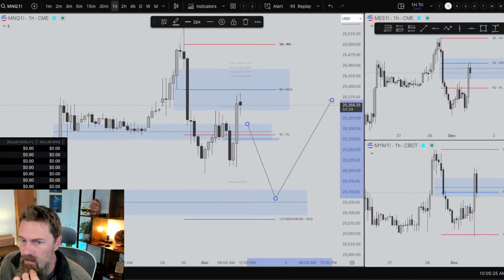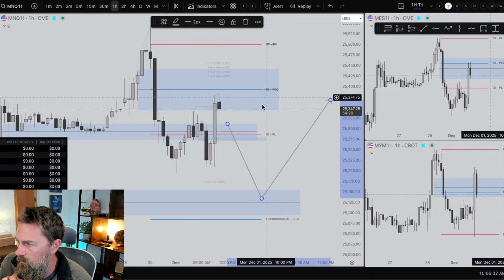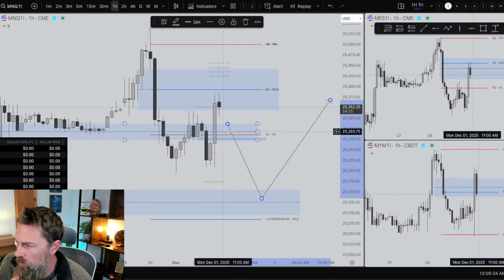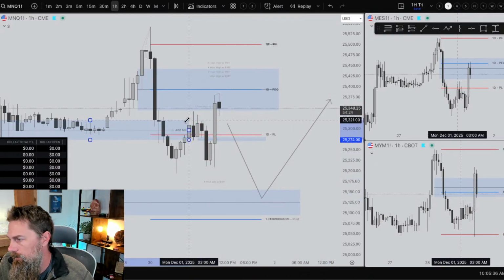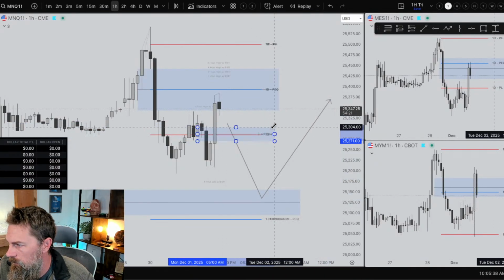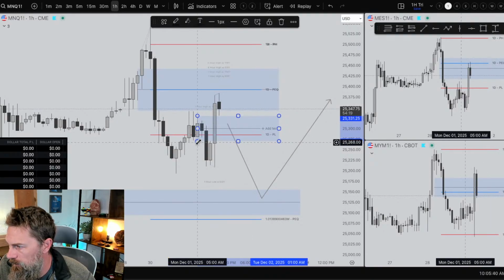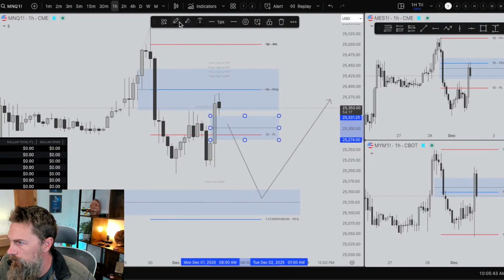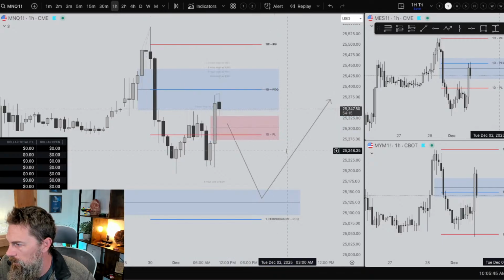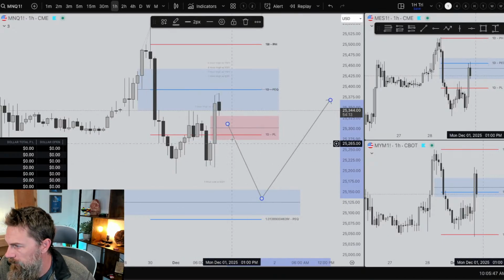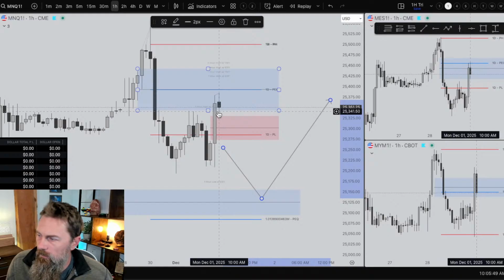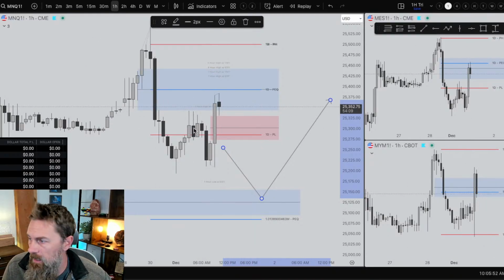NQ's the weakest asset. So we're forming this 1 hour inefficiency currently. It's red because I want to be aware of it. The price can come down into here.